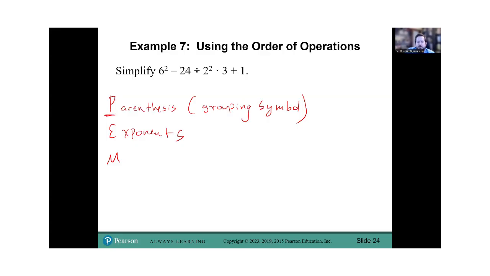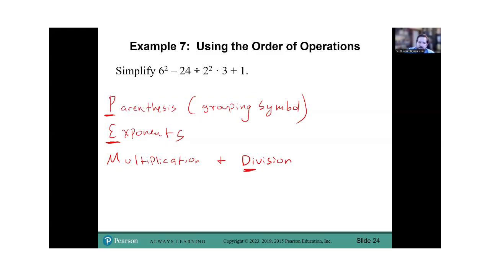You should look inside any parentheses first, and then you should look at any exponent second. But with multiplication and division, they have the same priority. So I'm going to write multiplication and division on the same row.